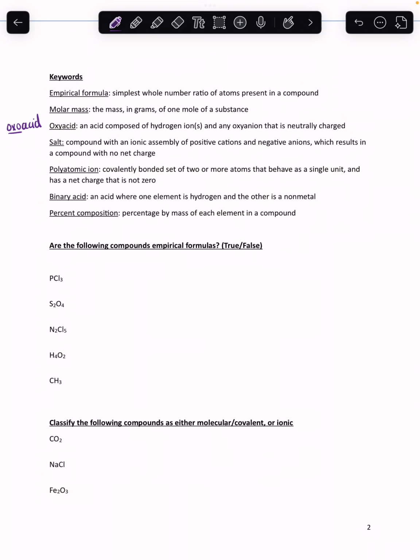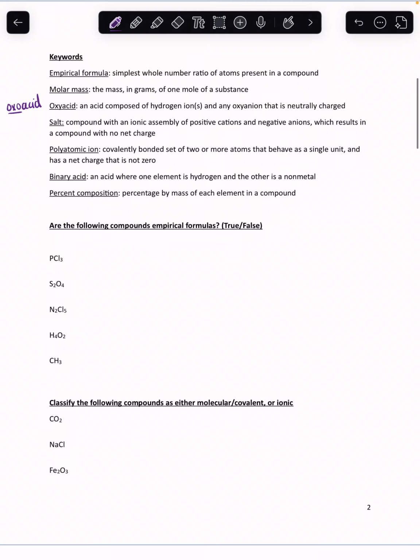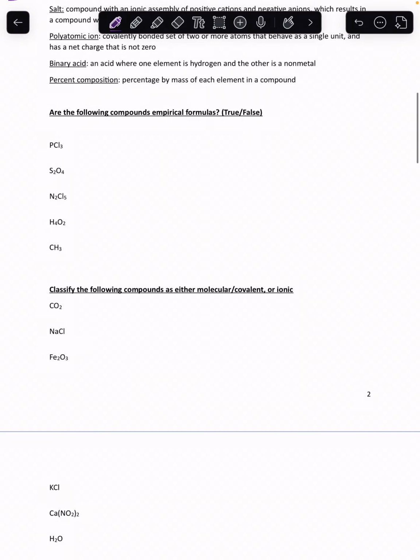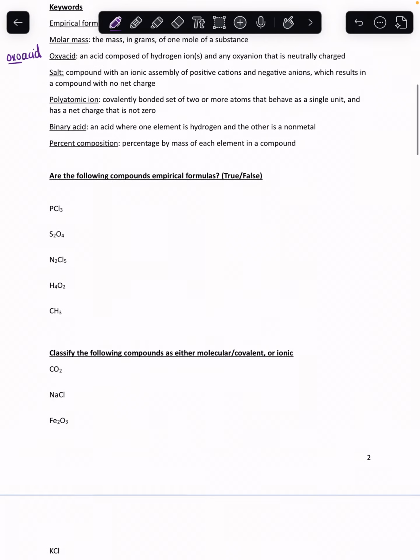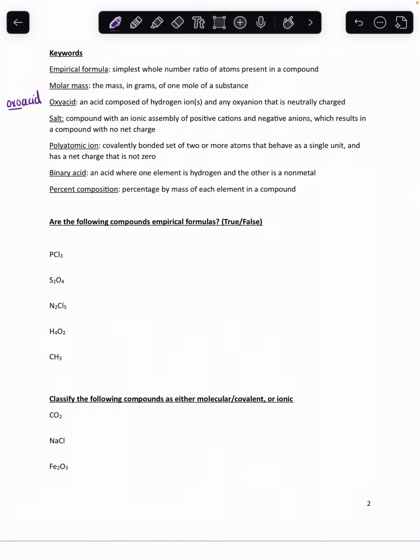It's worth a decent amount of points, as it is with every other exam, right? Moving on. Next we have a true-false section. It gives you seemingly what are empirical formulas and asks you, is this an empirical formula? So we could go back up and look at the definition of empirical formula at the top.